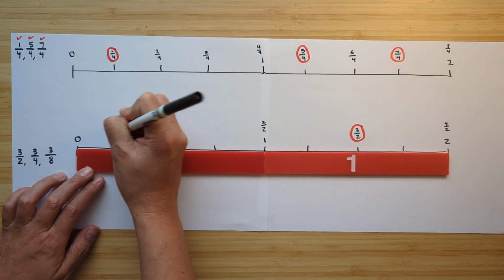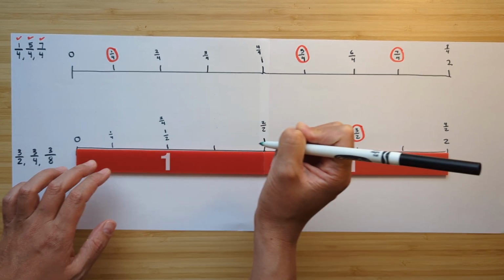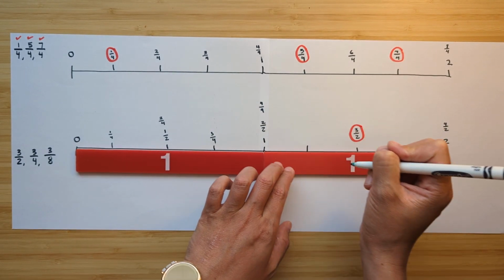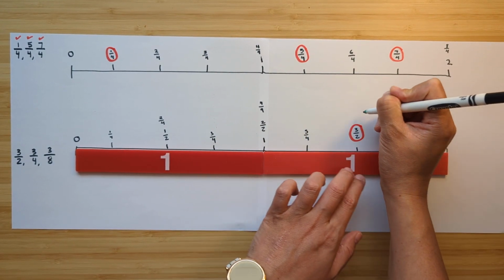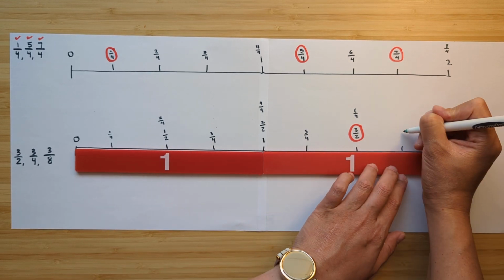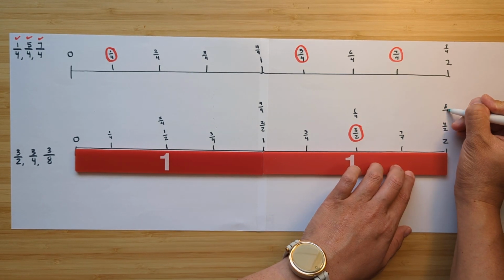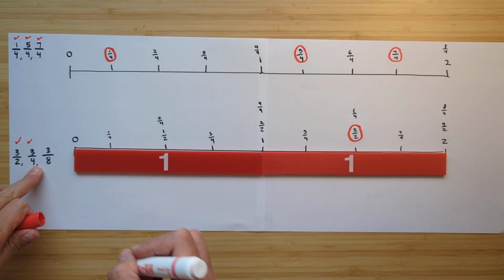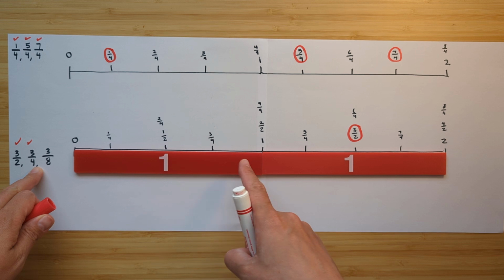So that's 1/4, 2/4, also equal to 1/2, 3/4. 4/4, also equal to 2/2, 1 whole, 5/4, 6/4, also equal to 3/2, 7/4, and 8/4, also equal to 4/2 and 2 wholes. Okay, so now I'm going to plot and label 3/4. Where's 3/4 here?